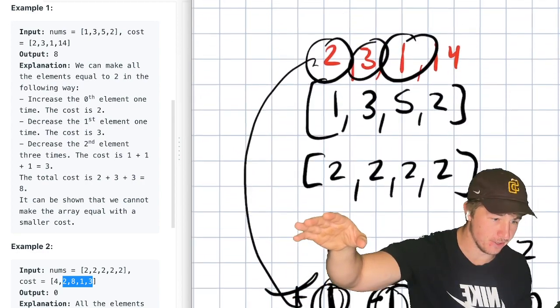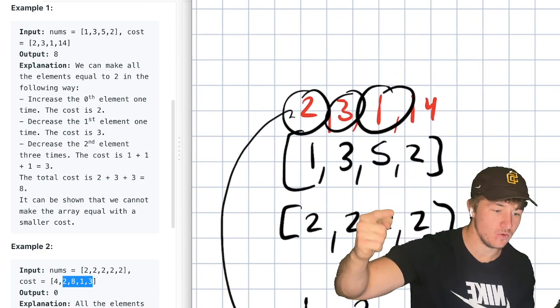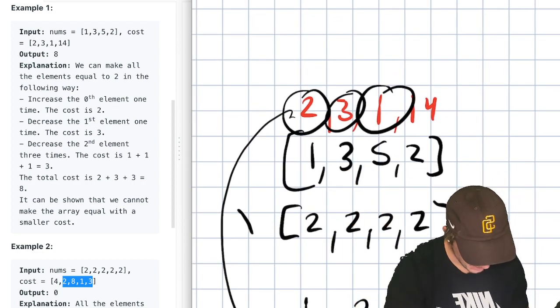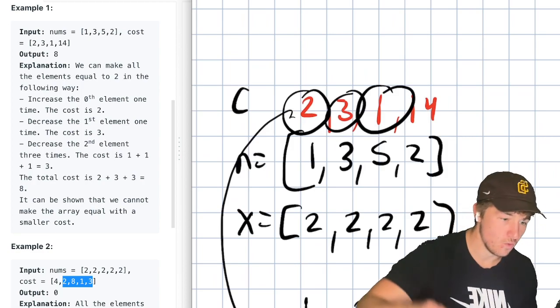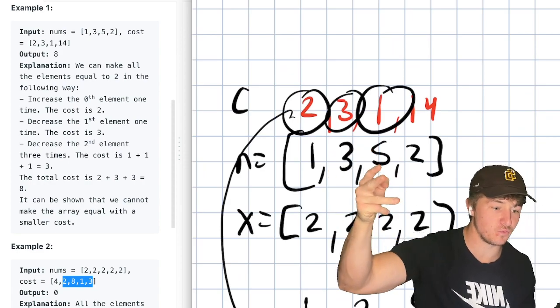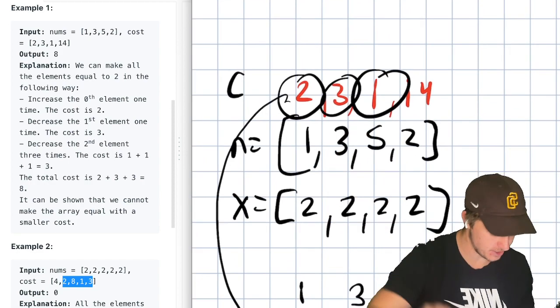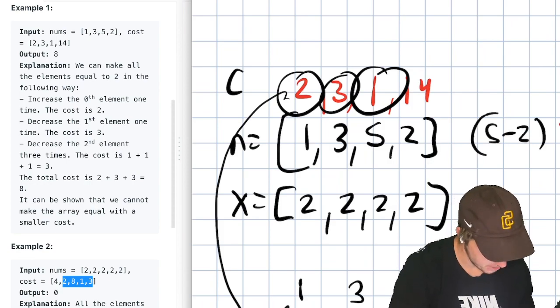In this example up here, for example, when I wanted to make 5 into 2, well, this is like my final x value, right? These are my nums and these are my costs, right? Well, how many operations did I have to do? Well, I have to decrease 5 3 times. Why? Because that's the difference between these two things, right? So I had to do 5 minus 2 times 3, right?